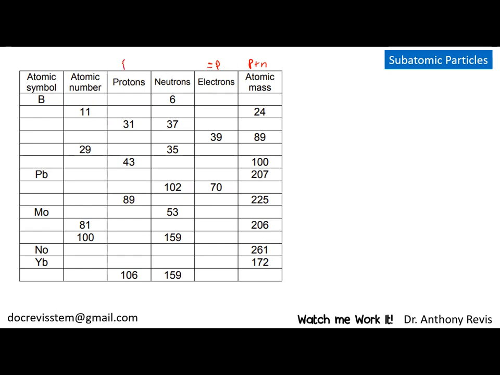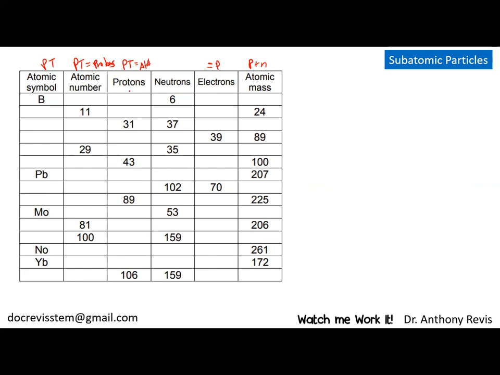Protons equal the atomic number, so we get this from the periodic table, never changes, always the same. So the first three, we just basically deal with the periodic table. I have to do some math, by the way, sometimes to get these protons as well, okay?